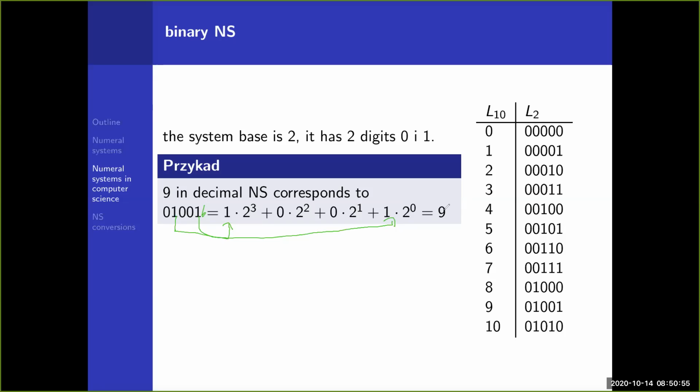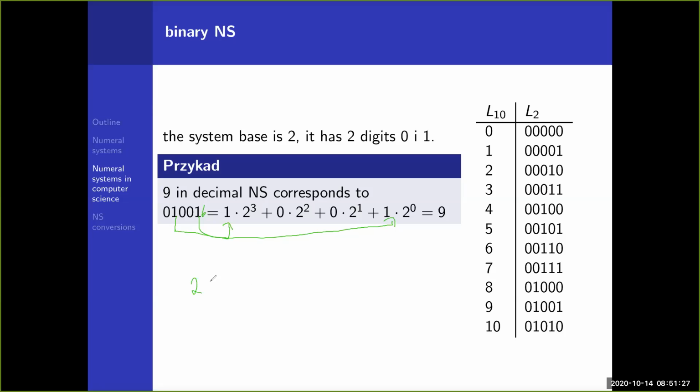To convert values from the binary system into the decimal system, it is enough to know the powers of 2. So it's quite easy. I hope everyone can calculate values.